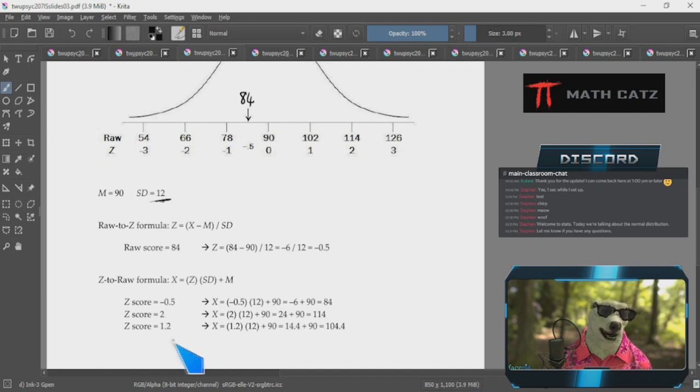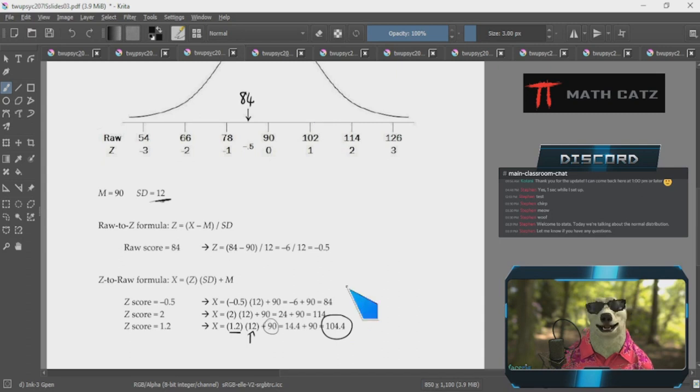Z-score of 1.2 rather. Let's do that one. Less obvious perhaps. I go from the mean, step away in the positive direction, 1.2 standard deviation steps, which means 14.4 in terms of the raw score, and I'm over here at 104, just beyond 1 standard deviation step.